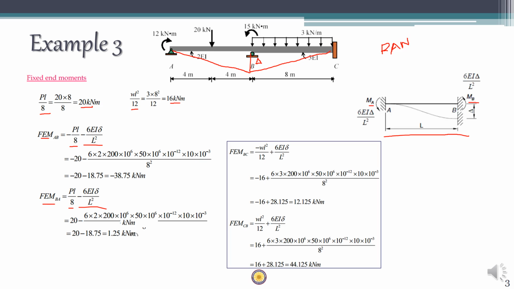For the second span BC, it is important to note that the beam rotates as a whole in the anti-clockwise direction. The beam is rotating something like this.